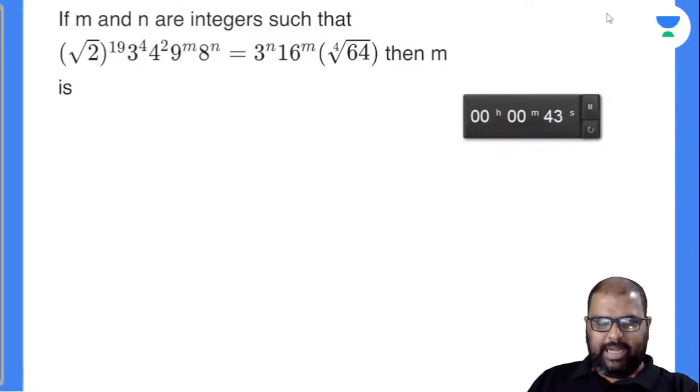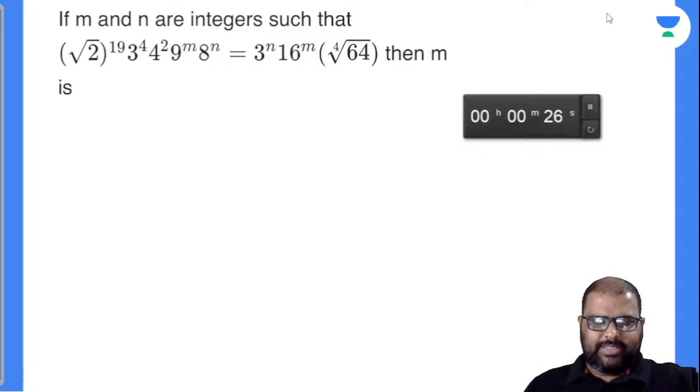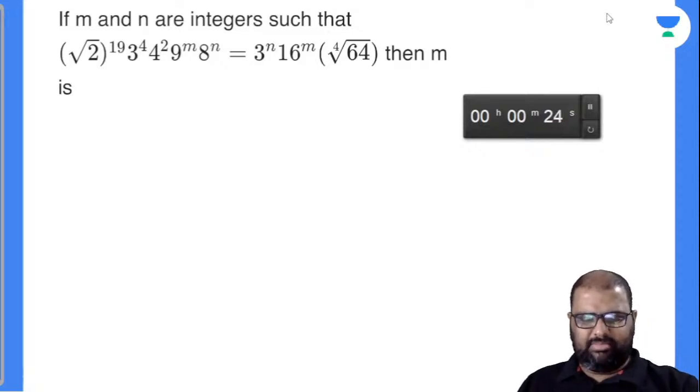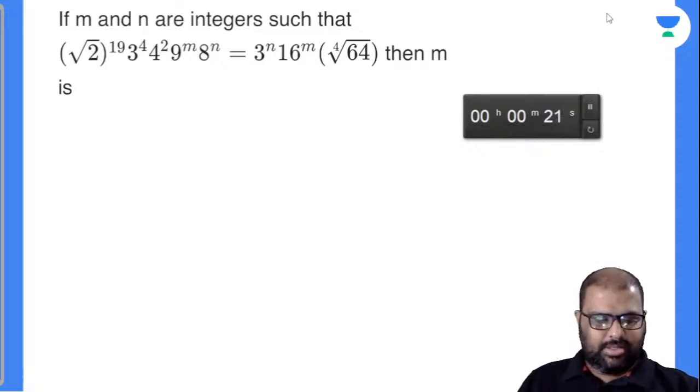If m and n are integers such that root 2 whole to the power of 19 into 3 to the power of 4 into 4 square into 9 to the power of m into 8 to the power of n. Make sure that you convert everything into prime factors, then that will be very easy for you to calculate. Otherwise it will cause headaches.